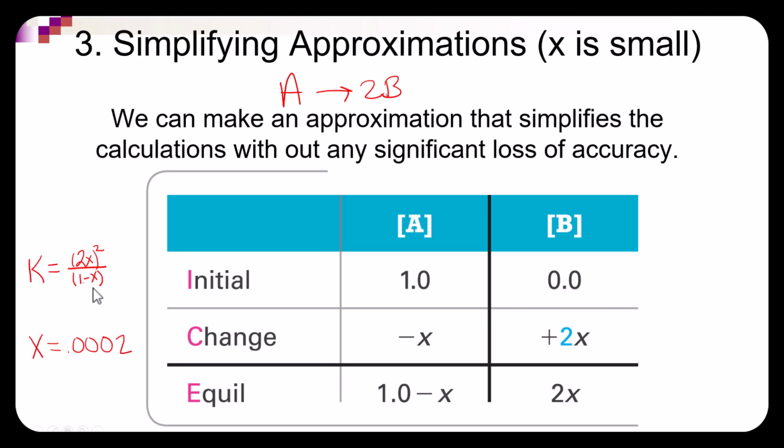Is there really a significant difference between the number 1 being down here at the bottom or the number 1 minus 0.0002?